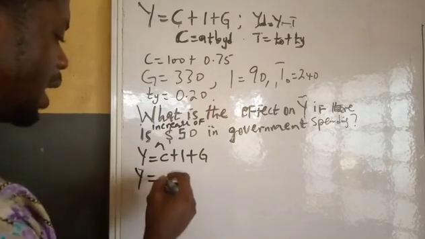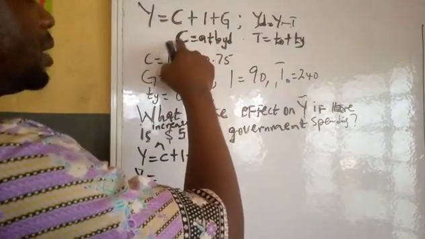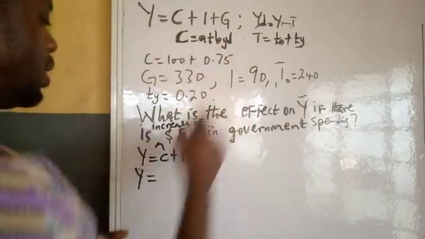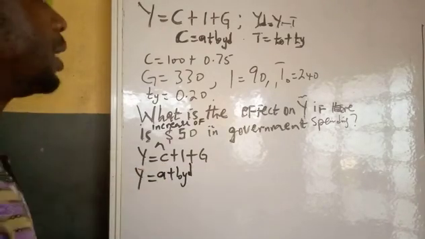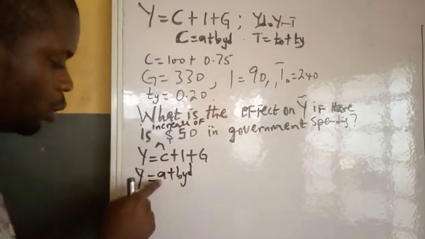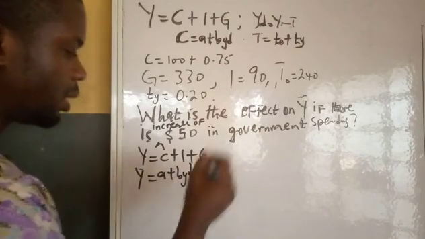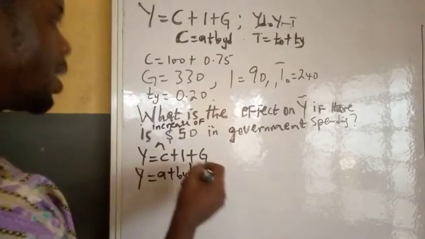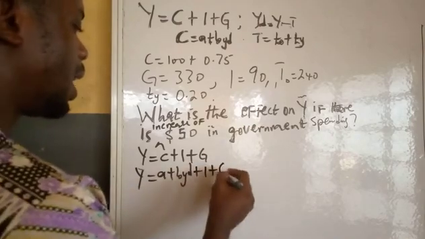Then we say y equals c, and our c is split, so we are not going to write c, we are going to write the function of c, which is a plus b yd. So we've written the whole of c using a plus b yd. Then after the plus, we write our investment, which is I, then our G.